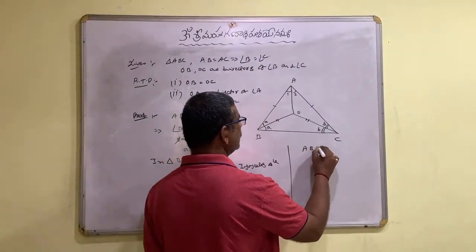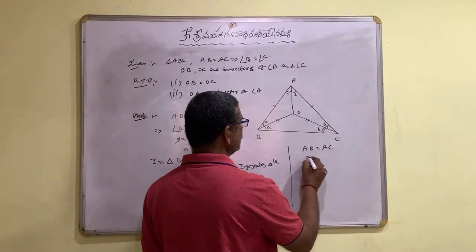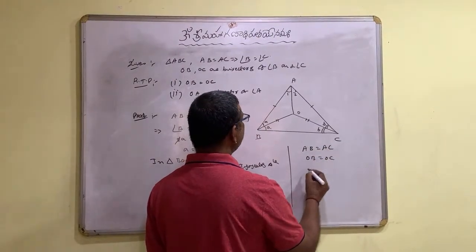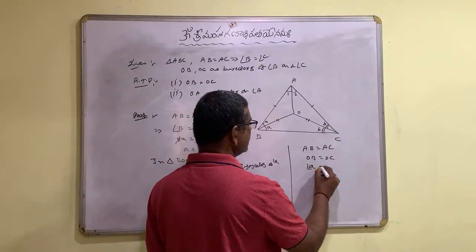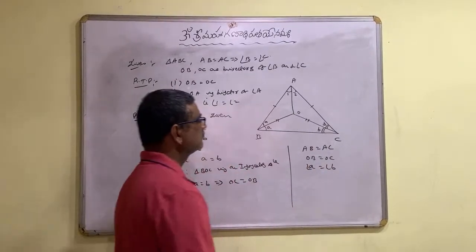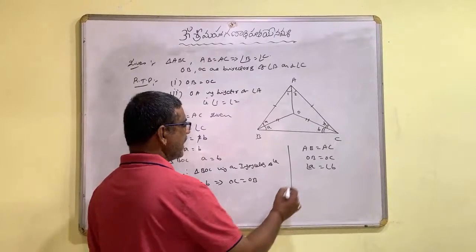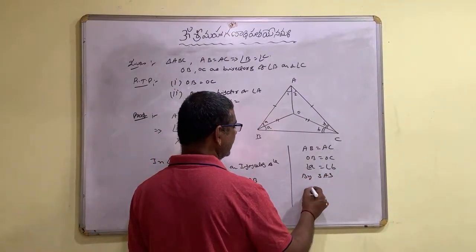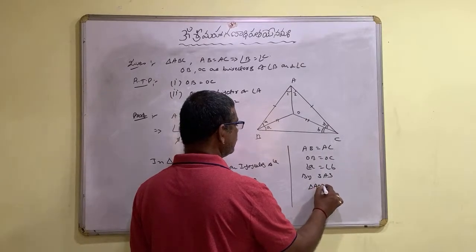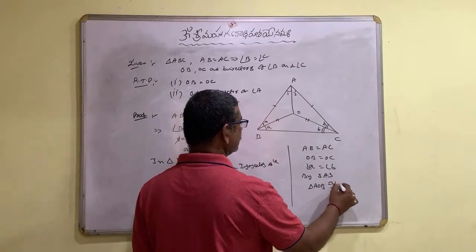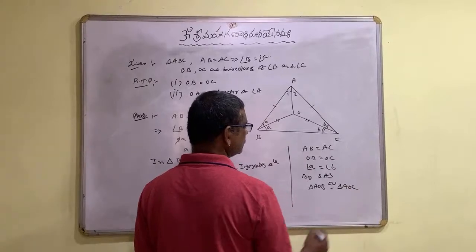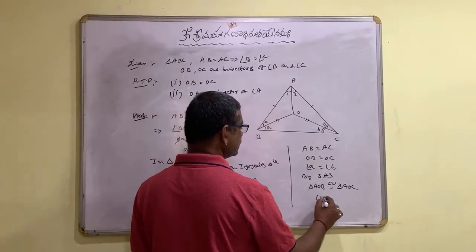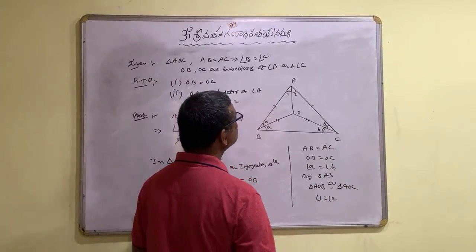AB is equal to AC, OB is equal to OC, and angle A is equal to angle B, by SAS congruency criteria, triangle AOB is congruent to triangle AOC. Angle 1 is equal to angle 2.